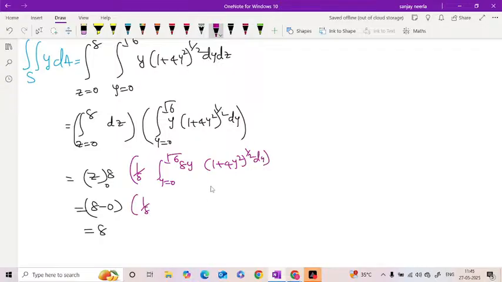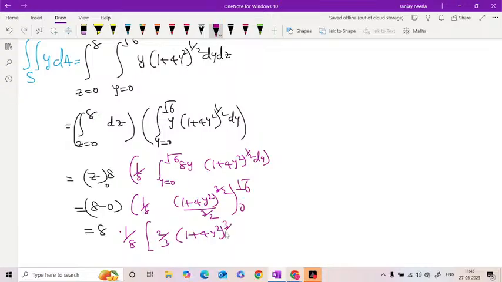After the substitution method we get (1 plus 4y square) whole power 3 by 2 divided by 3 by 2, with limits 0 to root 6. So into 1 by 8 and 2 by 3 into (1 plus 4y square) whole power 3 by 2, limits 0 to root 6.